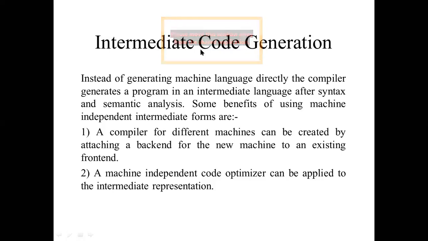The code optimizer optimizes those codes, removes the redundancy from the program, and ultimately after optimization it reduces the memory requirement. So here we concentrate on reducing the memory requirement, because we want to implement a compiler that is efficient.